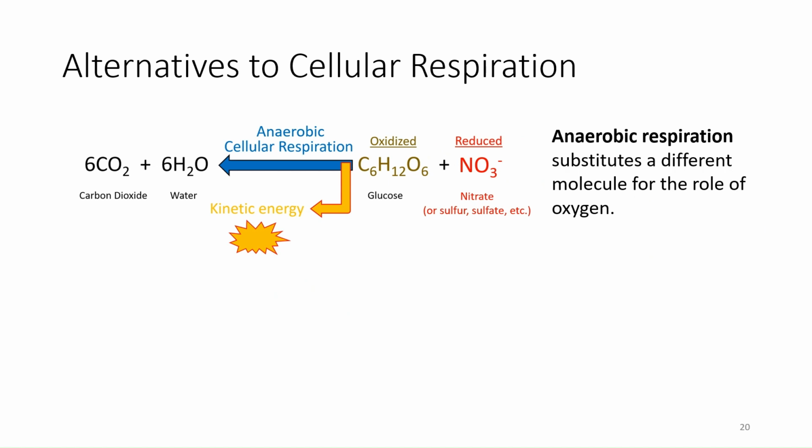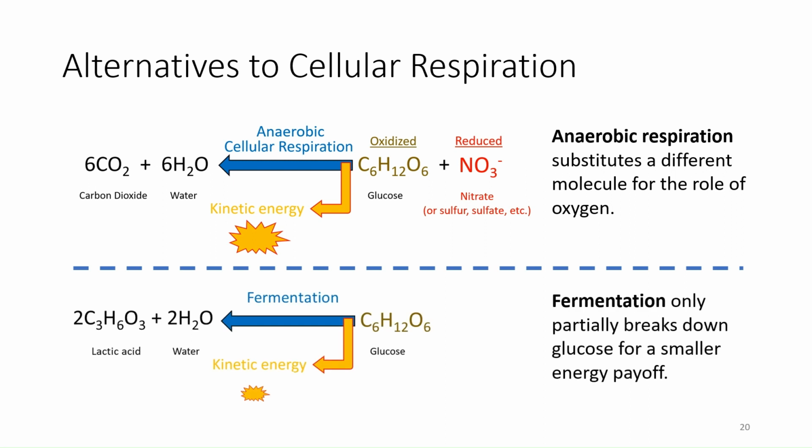And in this example, we replaced oxygen with nitrate or NO3, but we could do so with sulfate, and instead of making NH4, we could make H2S or some other molecule like that that's reduced. Again, fermentation doesn't have those options. Instead, it just partially breaks down glucose. So in this example, lactic acid fermentation is a partial breakdown of glucose.